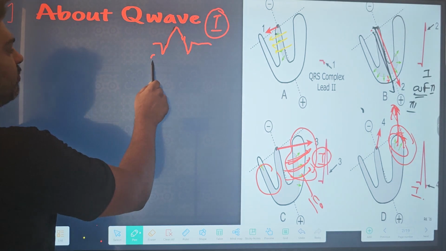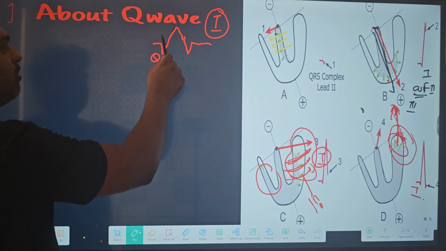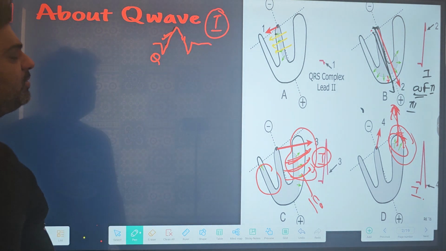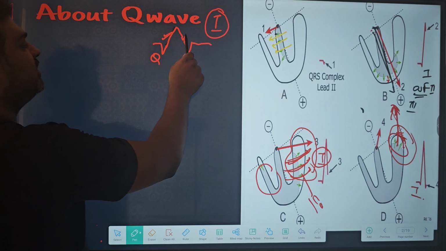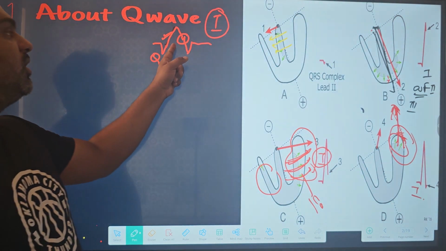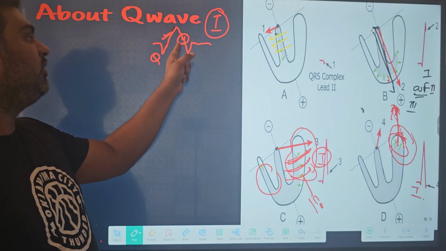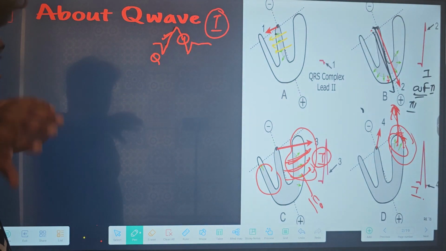Okay, so the cause of Q wave is septal depolarization from left to right. The cause of R wave is the depolarization of the septum from base to the apex. The cause of this notch, which is sometimes present, is the depolarization of the left ventricle free wall from endocardium to the epicardium. It may or may not be present.